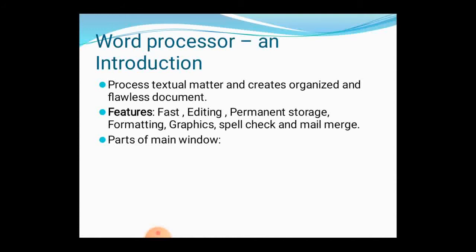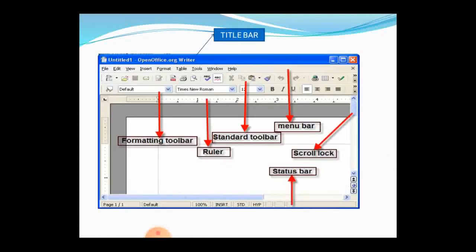Okay, so this word processor's main window is shown here. This is the main window of the document in a word processor. Here you see the title bar. At the top of the page you will see the title bar. The title bar represents the title of your document.